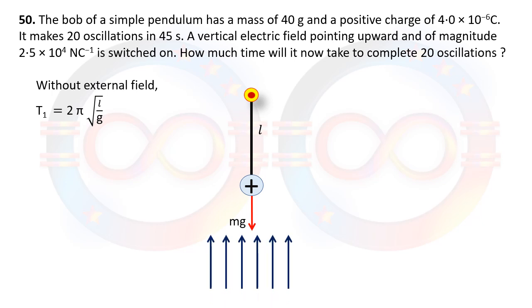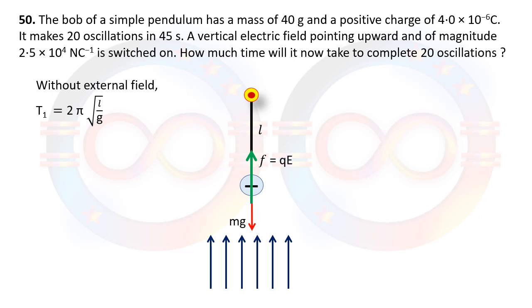This charge is going to experience some force in the vertical upward direction. Because of that force some acceleration will be there, and that acceleration is going to reduce the effective g. g we know already, 9.8 meter per second square, but because of this upward acceleration it must be lesser than 9.8.